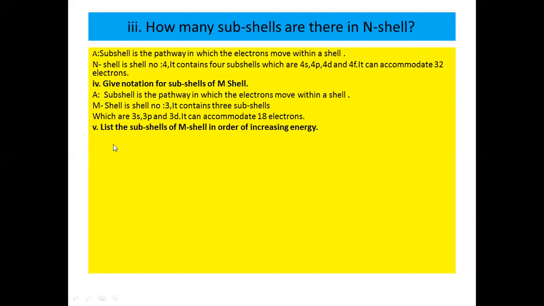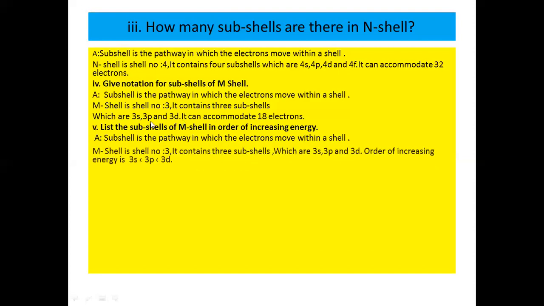Question number 5, list the subshells of M shell in order of increasing energy. M shell, I told you before, is the third shell, and it has 3 subshells, 3s, 3p, and 3d. First of all, write the definition of subshell. M shell is the third shell. It contains 3 subshells, 3s, 3p, and 3d.